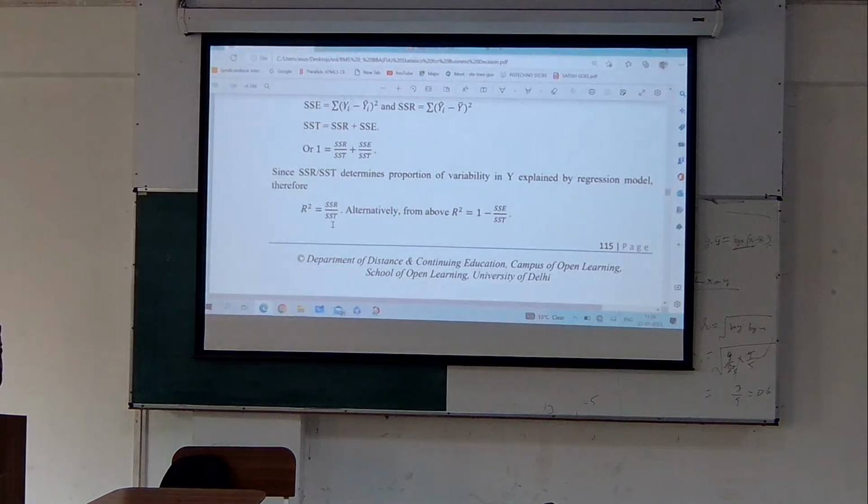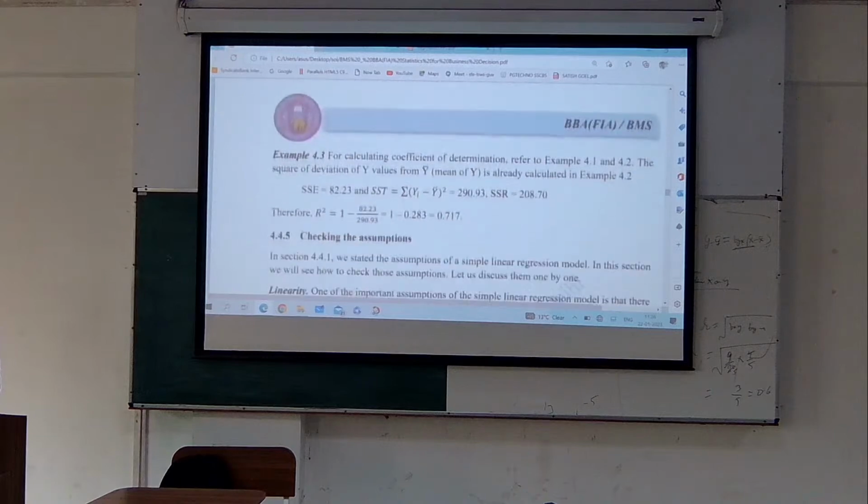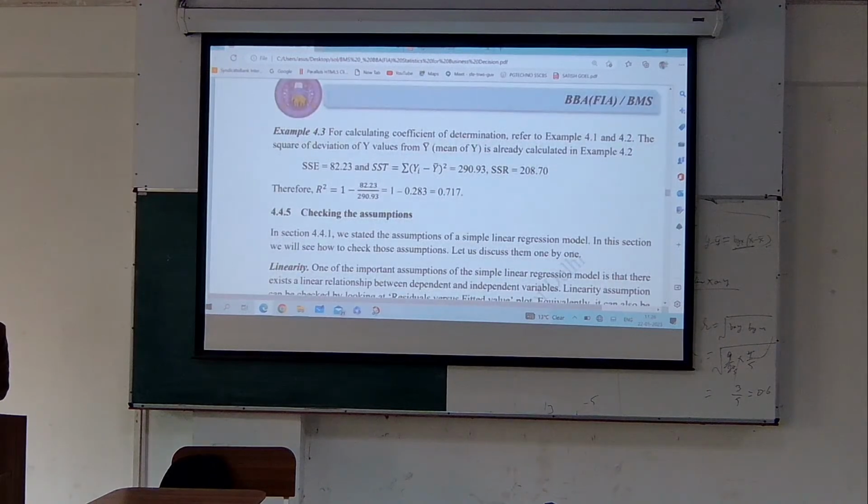R square क्या है? Which is explained. Okay, or 1 minus R square would be SSE upon SST, which is the unexplained part. So you can see for calculation of coefficient of determination, the sum of squares of deviations of y from y bar is already calculated.